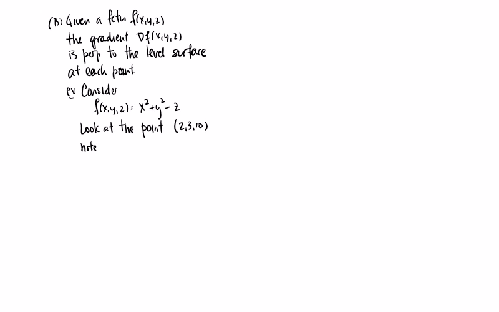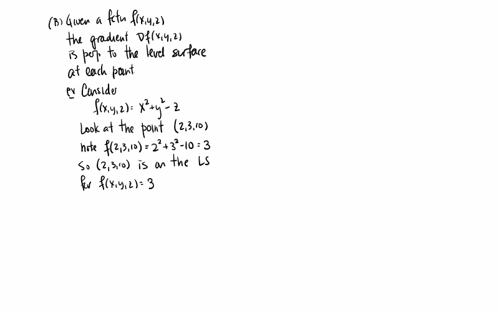So note that f of 2, 3, 10 is 2 squared plus 3 squared minus 10. This is 13 minus 10, which is 3. So 2, 3, 10 is on the level surface for f of x, y, z equals 3.